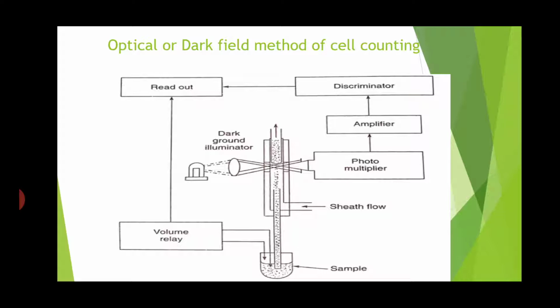The light pulses captured by the cathode are converted into electrical pulses, and that train of pulses is given to the amplifier. In the amplifier the signals are amplified, and then pass through the discriminator. The discriminator allows only pulses of the same amplitude, and using those pulses they trigger the counter, and we get the digital count of the cells.